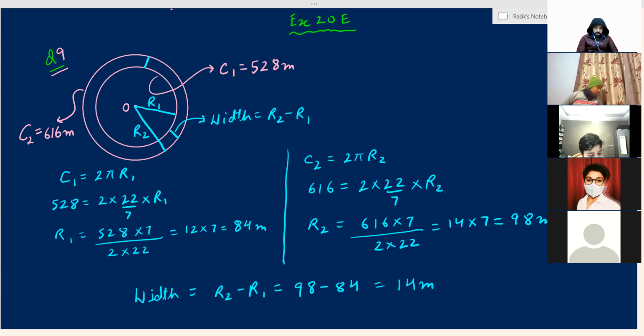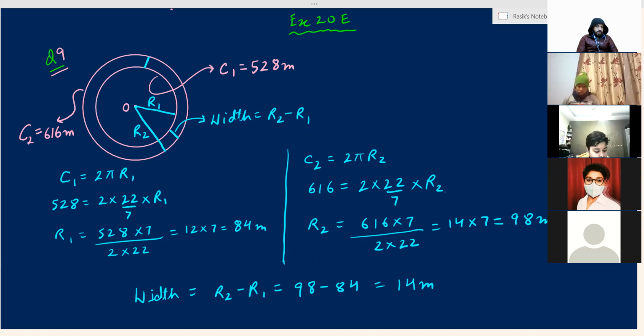Sir, first with the help of circumference, we will find the radius of the inner circle. Very good. Then, sir, the outer radius by adding the radius 52.5 plus width 10.5.